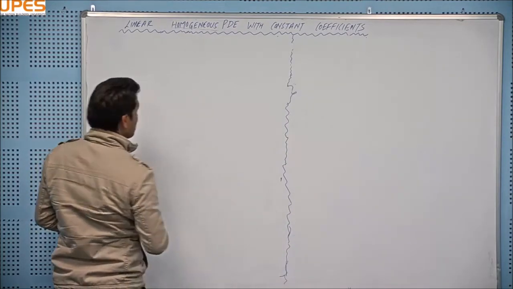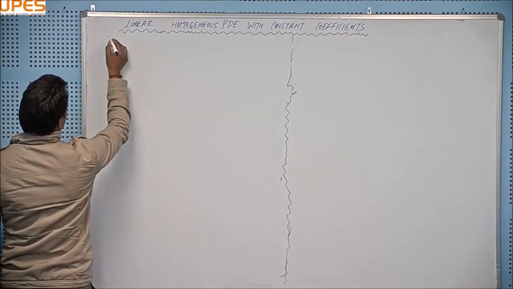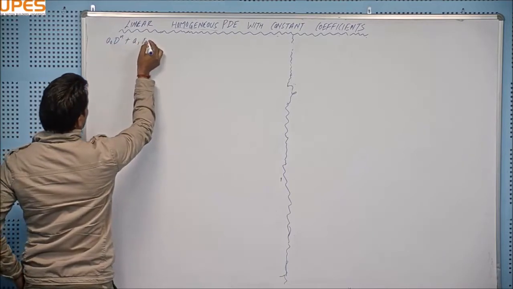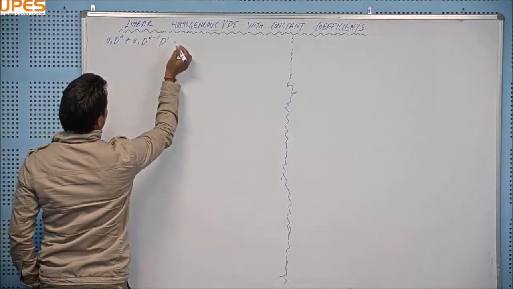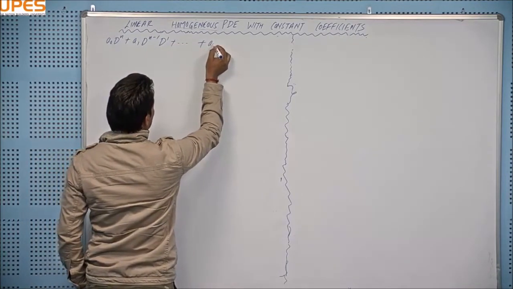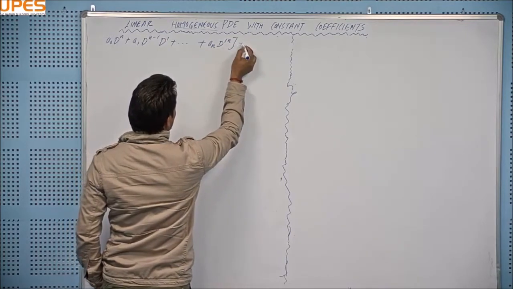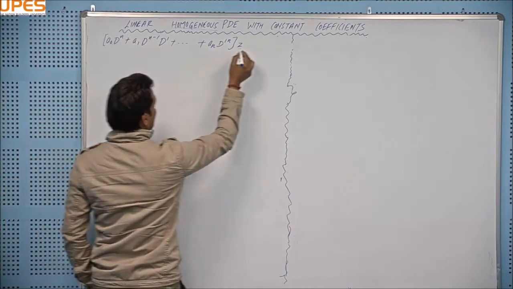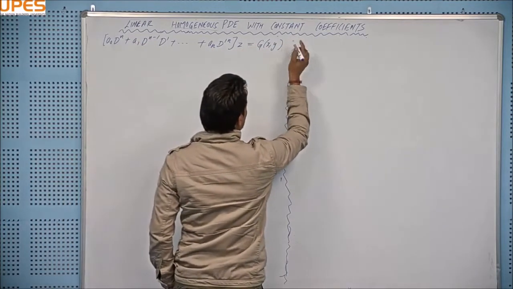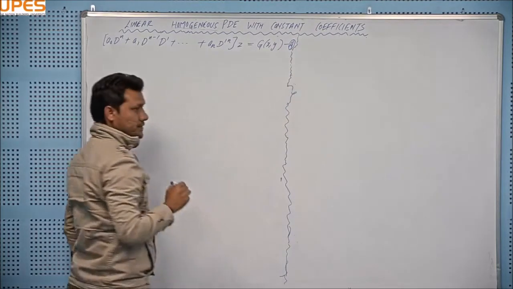Recalling from that video, our differential equation was like this: (a0 D^n + a1 D^(n-1) D' + ... + an D'^n) operated on z is equal to the function g(x, y), and this was our equation number A, right?